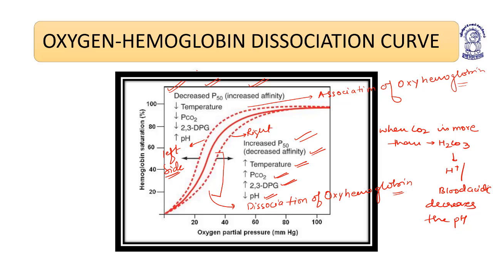Okay, so when there is acidosis, when pH is decreased, it will shift to the right hand side, and when the condition is alkalosis, when pH is high, alkalosis, high pH, shifting to the left side, more affinity towards oxygen.